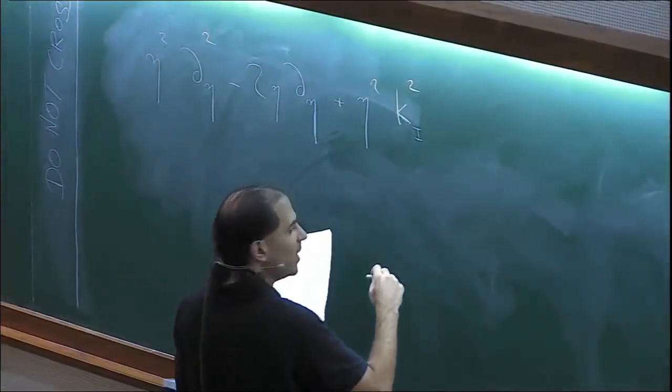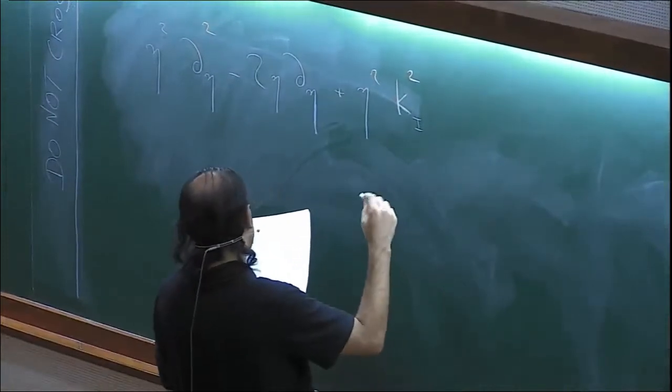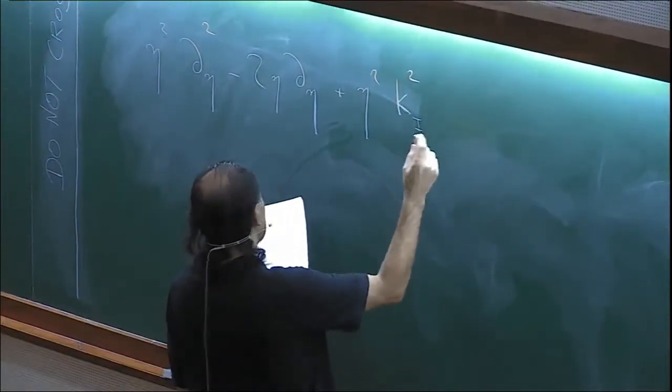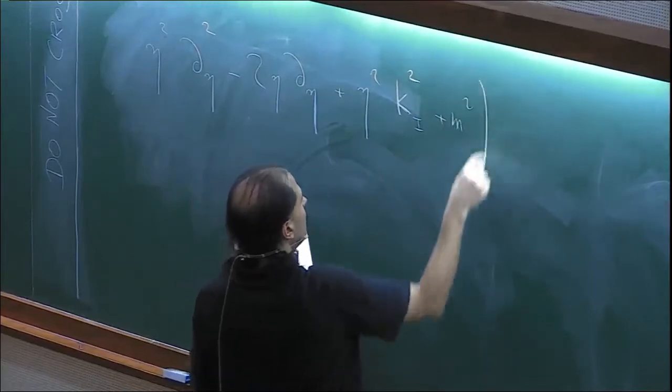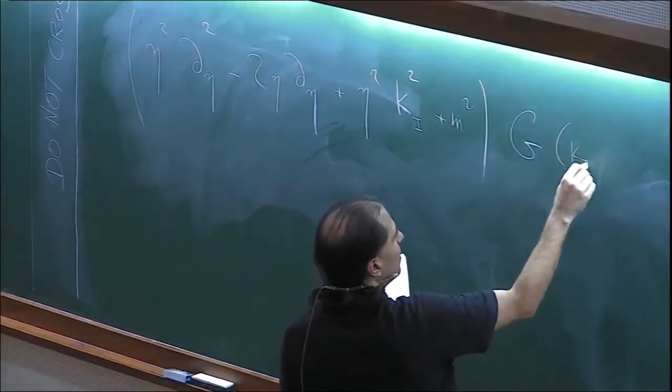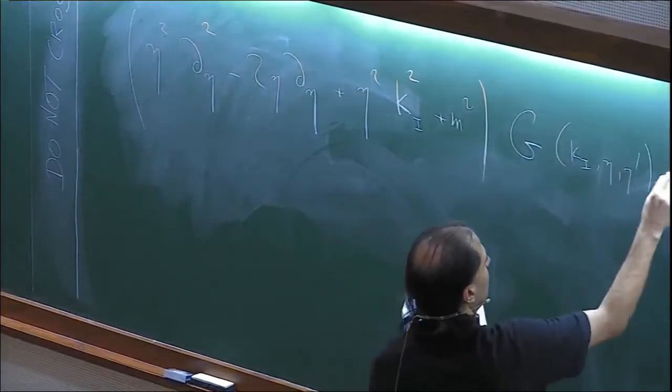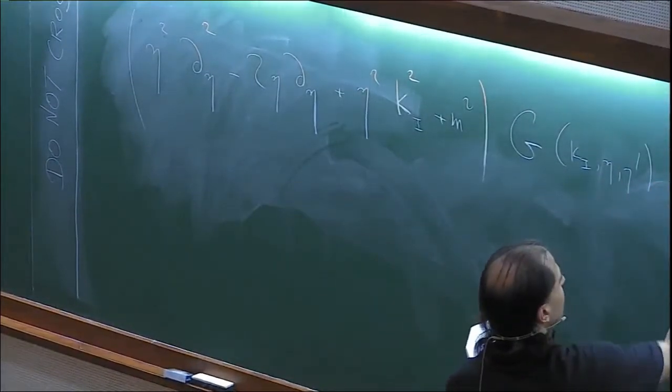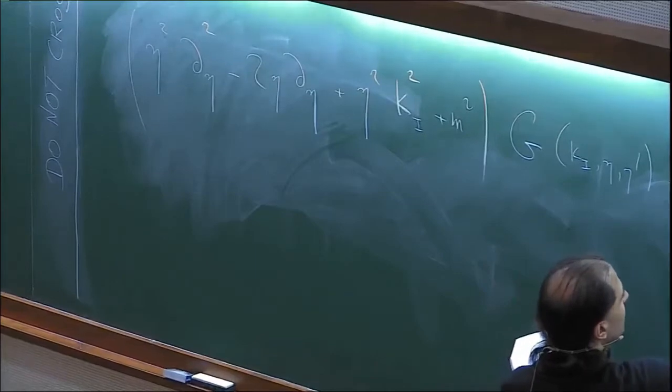So K intermediate squared, that was the vector K1 plus K2, all squared. And this was eta to the fourth delta of eta minus eta prime.